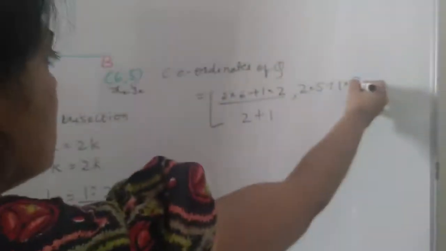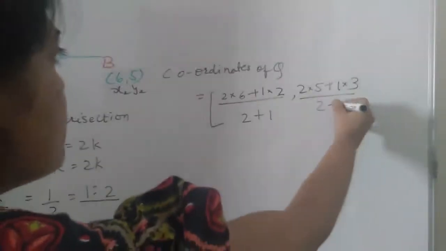For y, m is 2, y2 is 5, and n is 1, y1 is 3, over 2 plus 1.